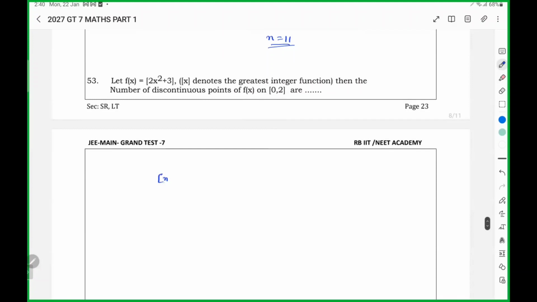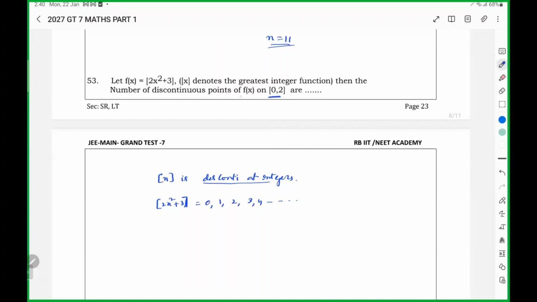Here the step function is discontinuous at integers. Discontinuous at integer means, this is either 0, 1, 2, 3, 4.